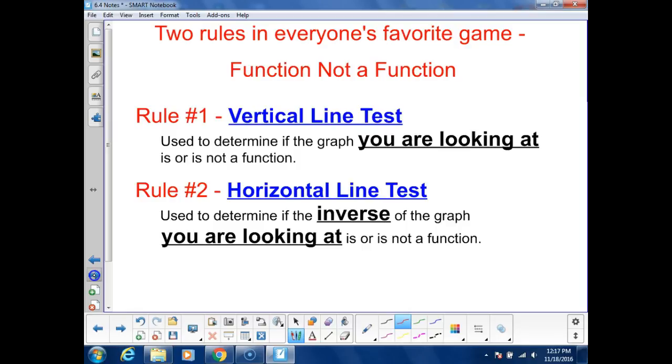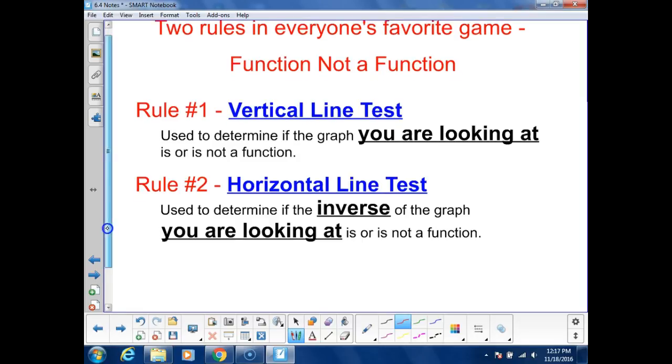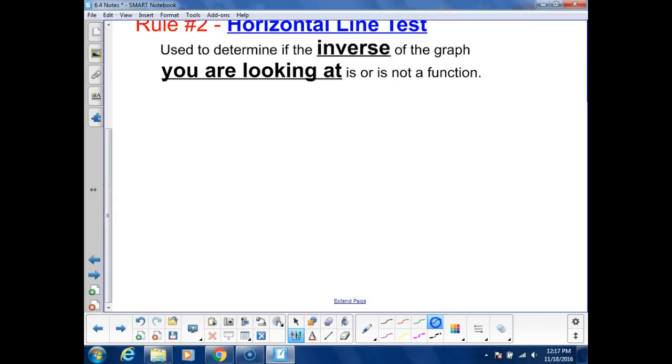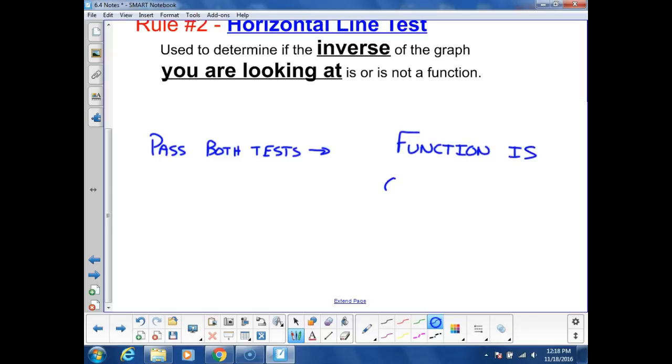Now, the fun thing is that if what I'm looking at passes both tests, we call that a function because it passed rule number 1. So we call that function 1 to 1.